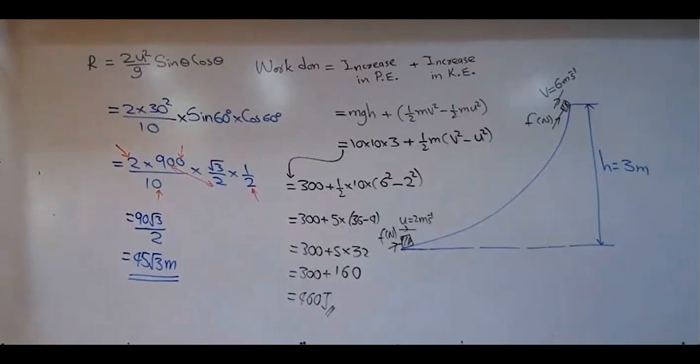Question number 10. A block of mass 20 kilogram is moved on a horizontal surface as shown in the figure. What should be the coefficient of kinetic friction? Let me draw the figure here.